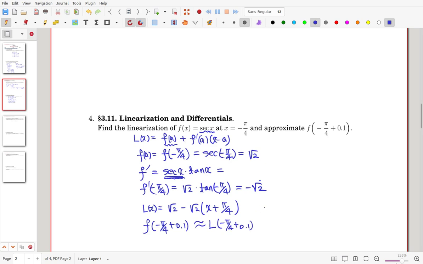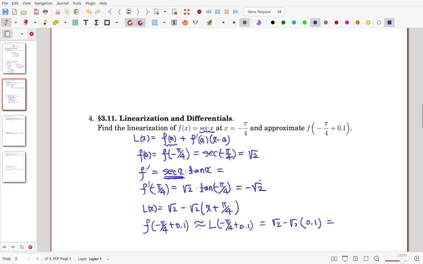Then this is the same as square root of 2 minus square root of 2 times x, which is minus pi over 4 plus 0.1, plus pi over 4, so that will be cancelled out. The remaining part is 0.1.